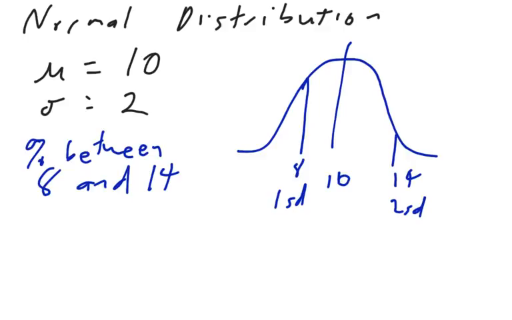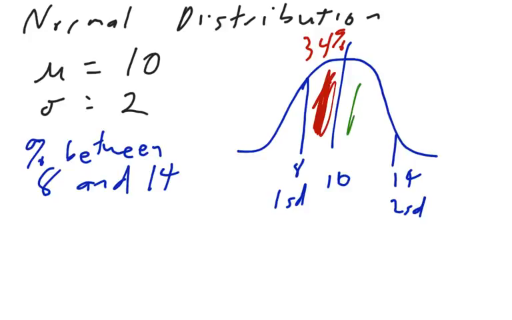So, how are we going to figure this one out? Well, let's just worry about this part in red first. Since that is one standard deviation away, it should have been 68% if it was on both sides, but because it's only on one side, that part's going to be 34% because this is symmetric.